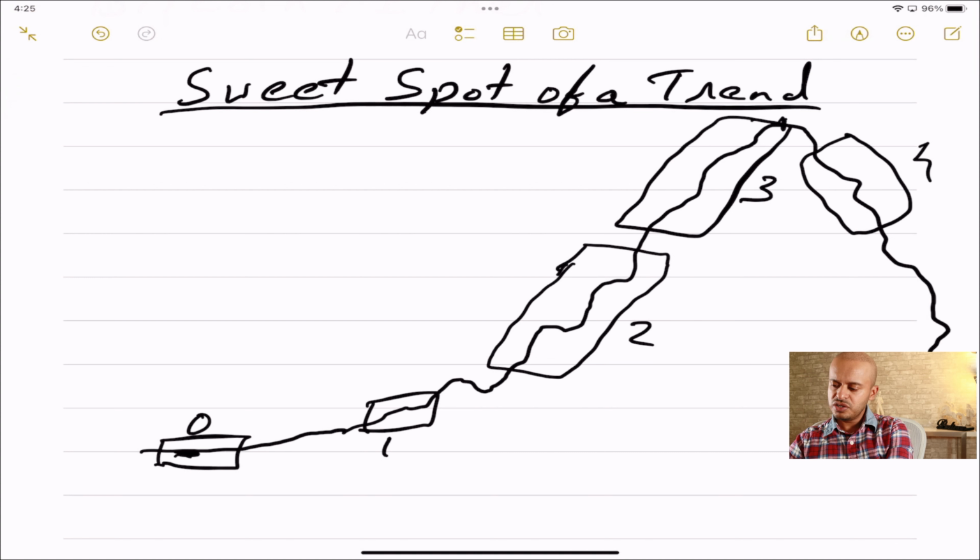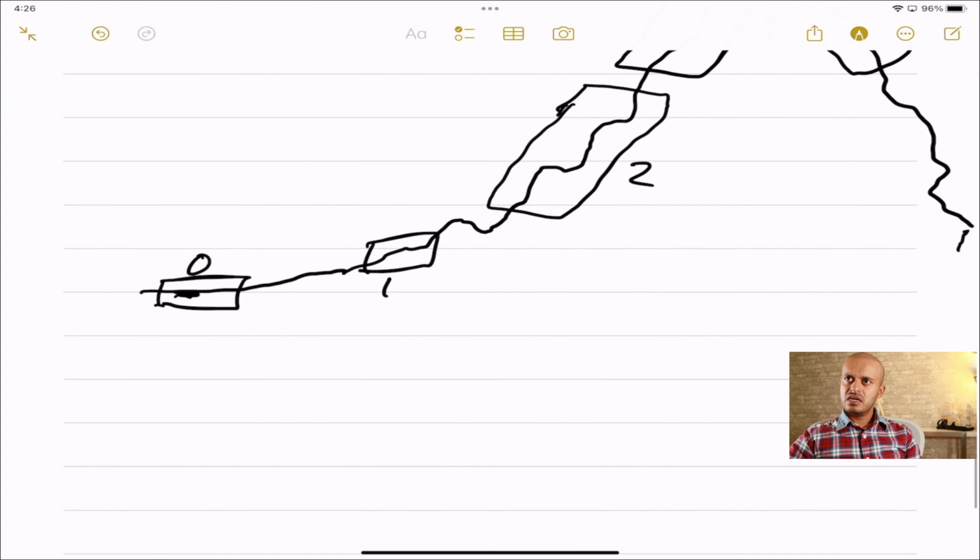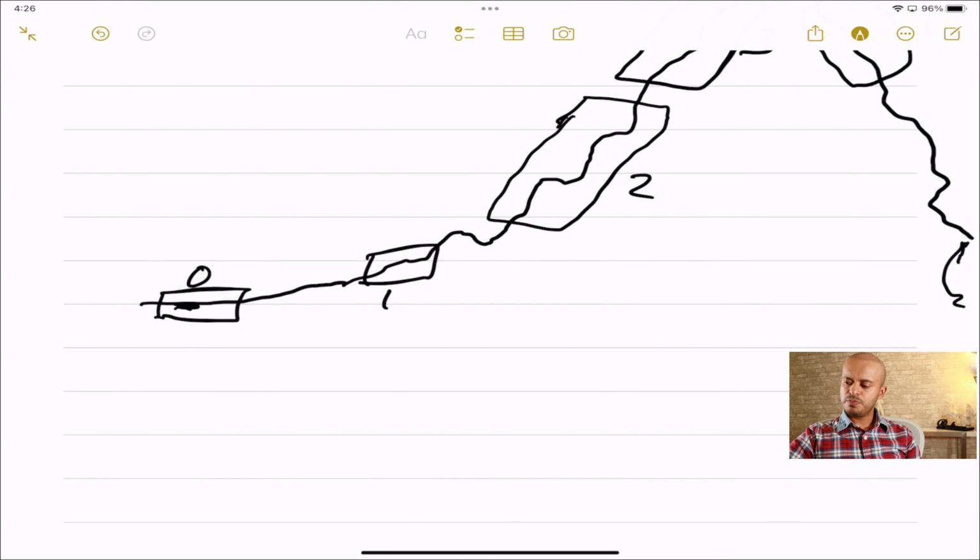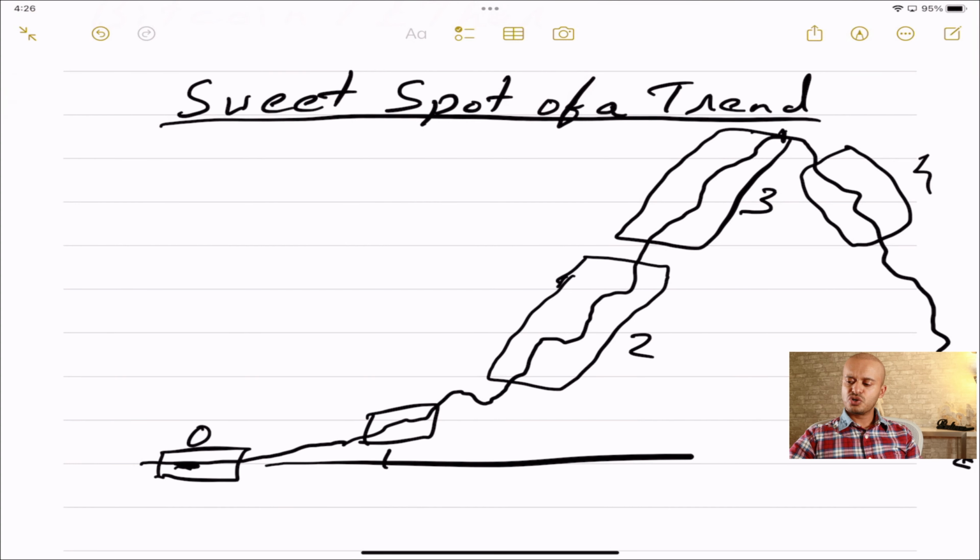If I continued drawing this, it would stabilize back again and meet this level again. That's where it's going to end, so I'm just going to show this as four.